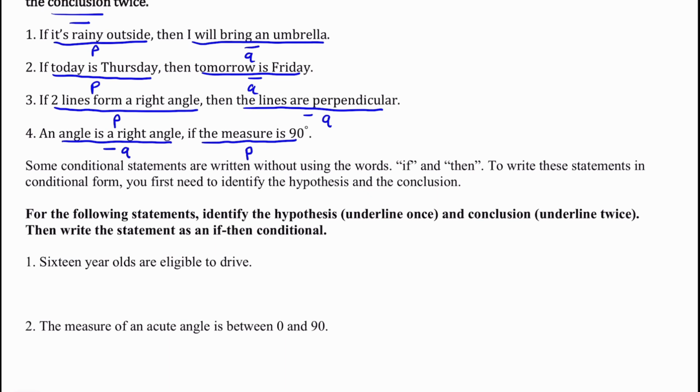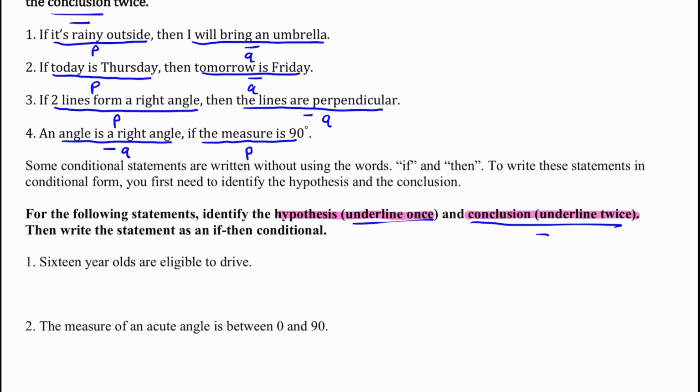Some conditional statements are written without using the words if and then. To write these statements in conditional form, you first need to identify the hypothesis and conclusion. For the following statements, identify the hypothesis, underline once, and the conclusion, which we will underline twice. Then write the statement as an if-then conditional.